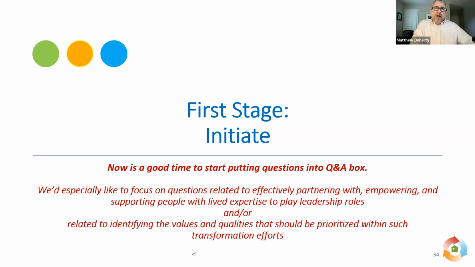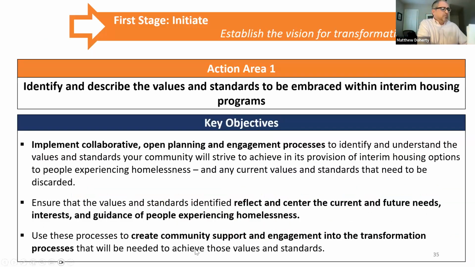And I'm going to move fairly quickly because the vision for this work is ambitious, and I'm realizing the amount of content we tried to put into the webinar was ambitious as well, and we want to make sure we do have time for questions. So again, the first stage focuses on initiation of this work and establishing the vision for transformation, and really delving into identifying and describing with clarity the values and the standards that you're trying to embrace within your community's interim housing programs.